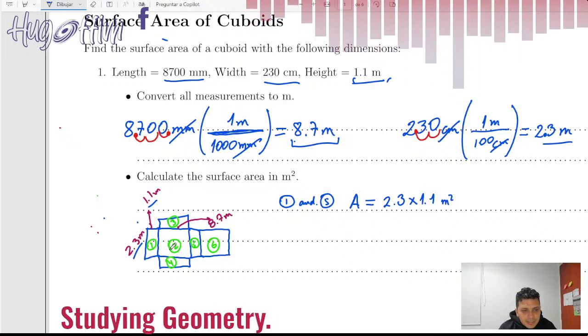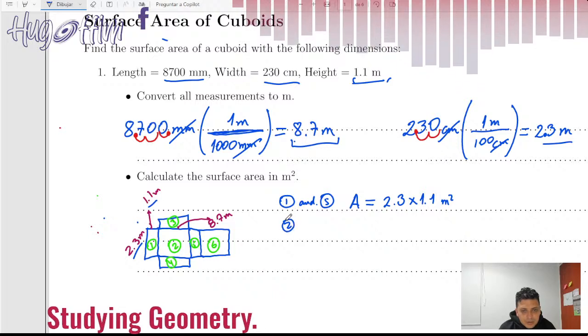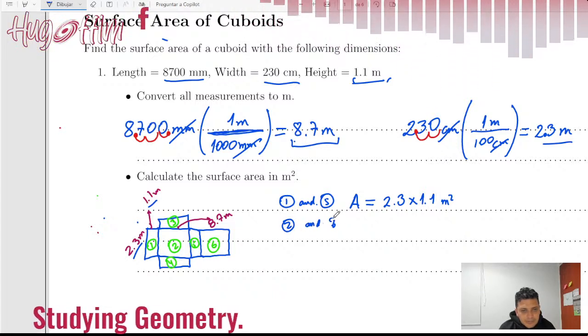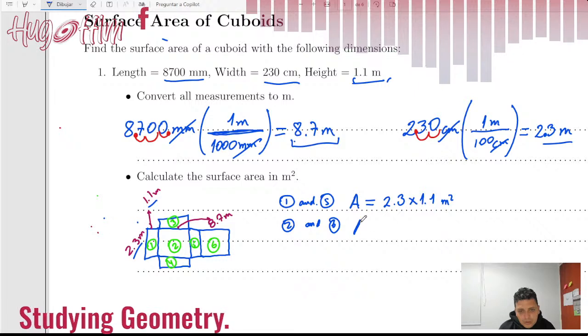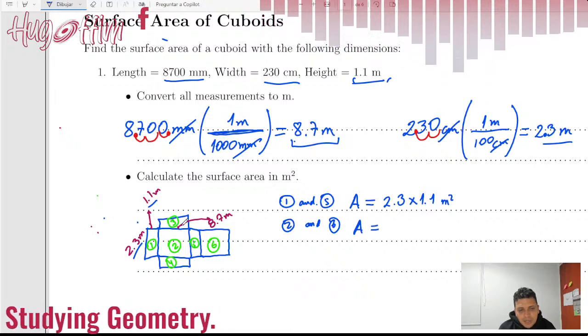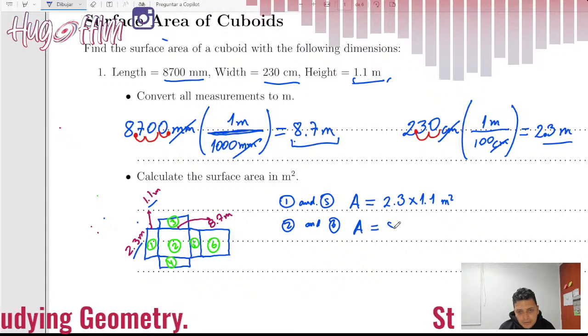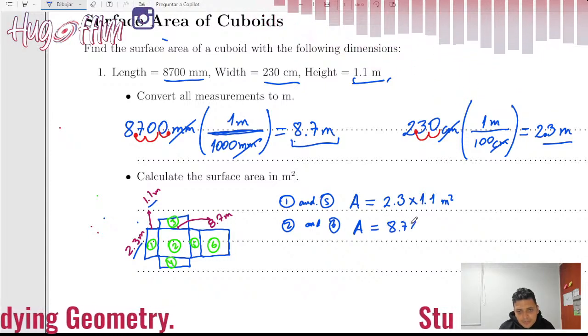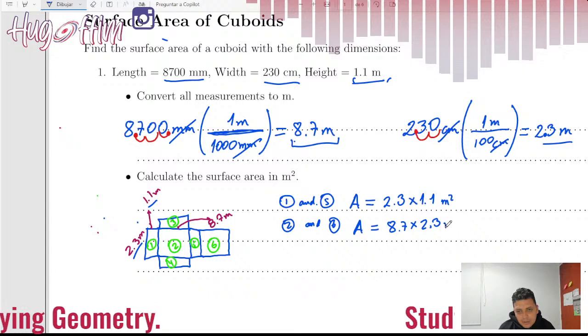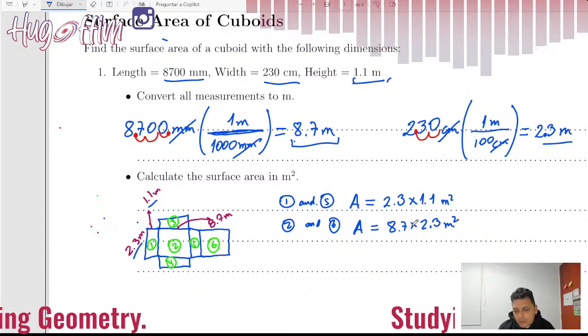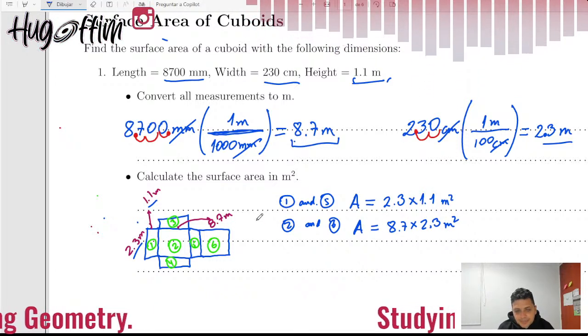And rectangle 2 and rectangle 6 are going to measure the same. That is going to be 8.7 meters times 2.3 meters, in meters squared, because I multiply meters times meters.